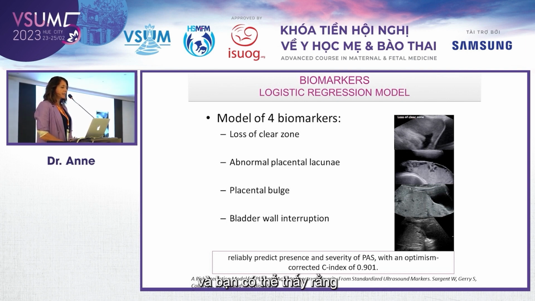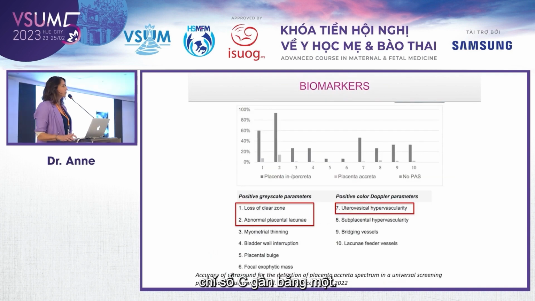And you can see that when you have these four signs, these four biomarkers, meaning loss of clear zone, abnormal placenta lacunae, placenta bulge, and bladder wall interruption, you are very close to the diagnosis, and you can see that the correctness index is near to 1. So these four biomarkers are probably the most important signs that we have to keep in mind.